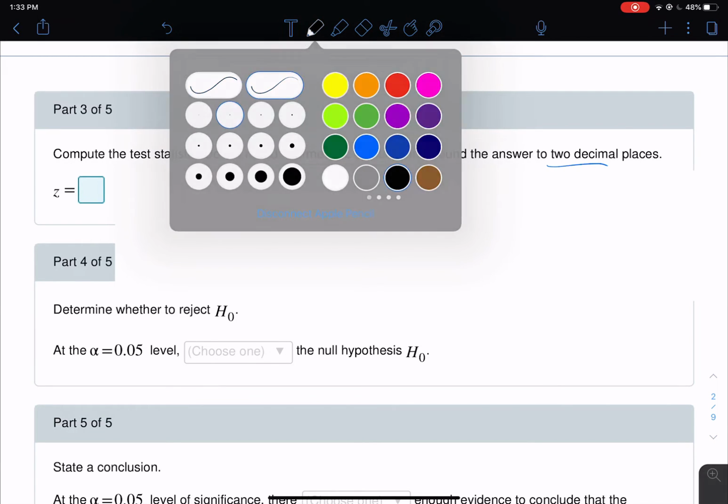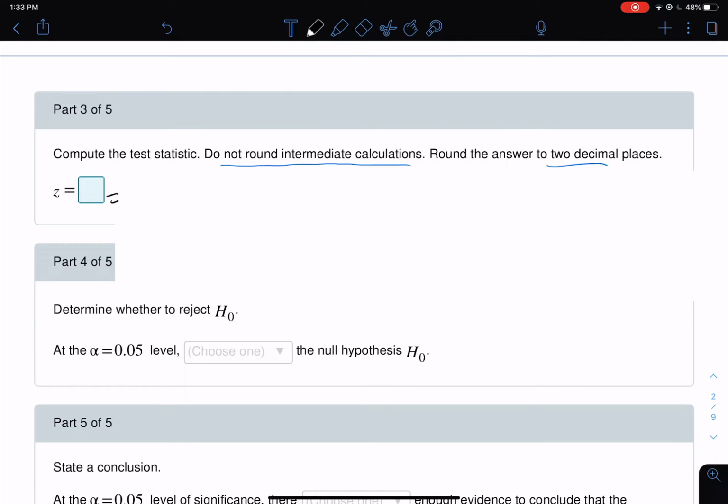Just as a reminder of what that formula is, it's P hat, the sample proportion, minus the population proportion from the null statement, over the square root of the population proportion times its complement divided by the sample size.